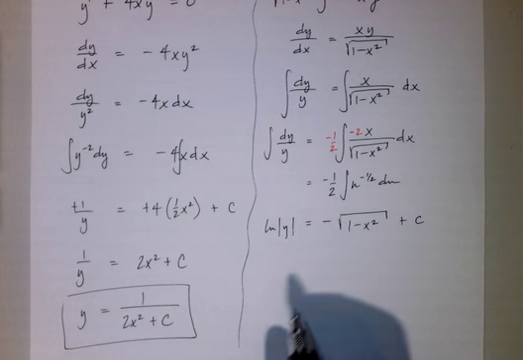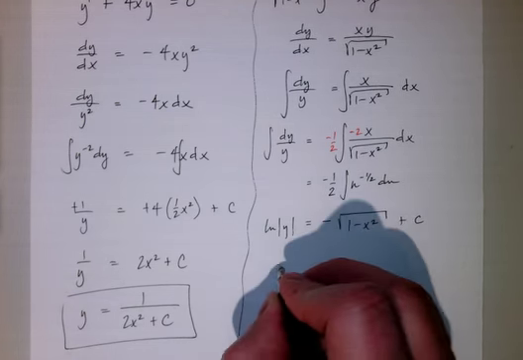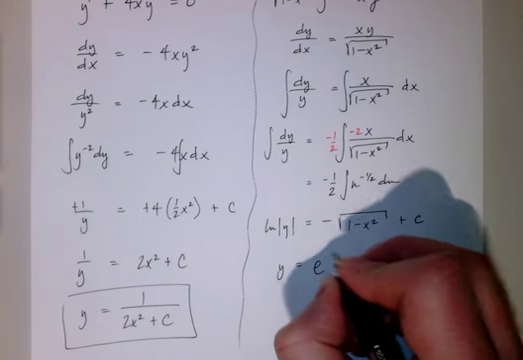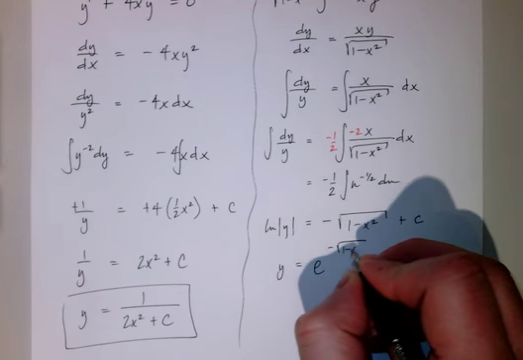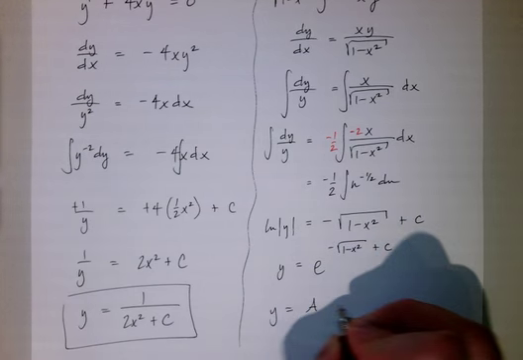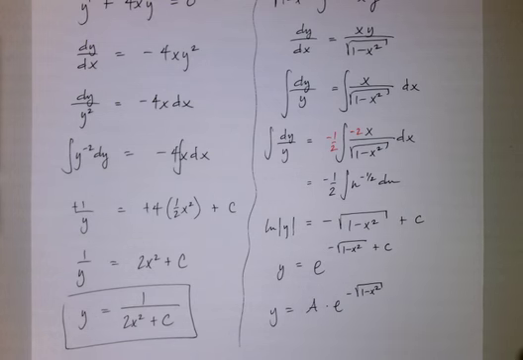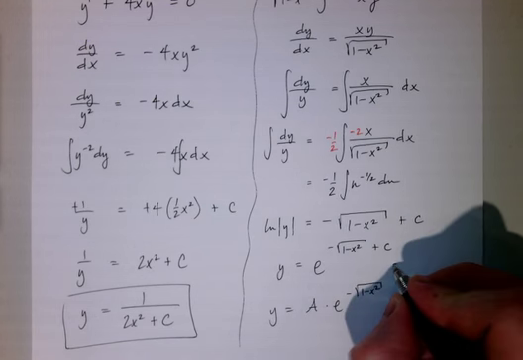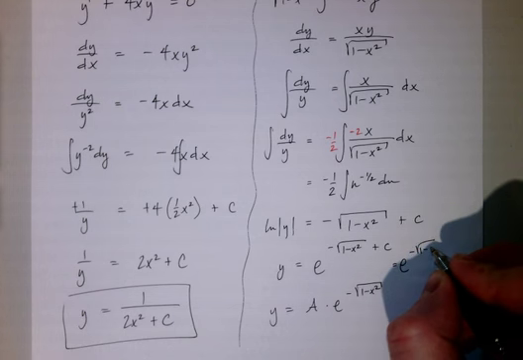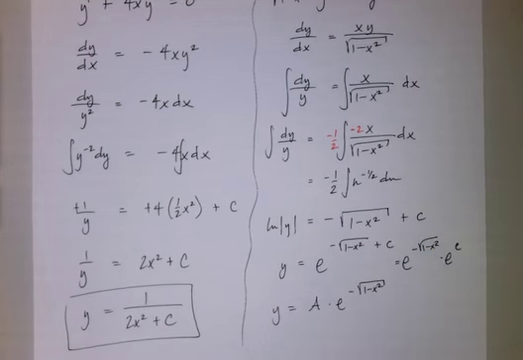But obviously, from here we exponentiate, and then we wind up using a times e to the -1 minus x squared. Because remember, this winds up being e to the -1 minus x squared times e to the c using rules of exponents.